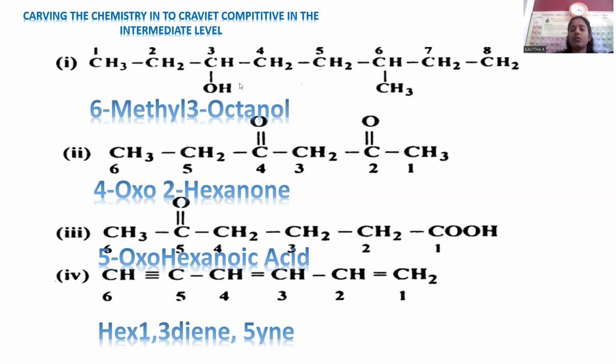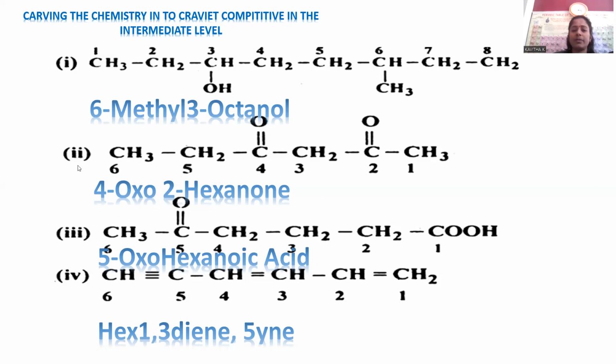On the 3rd carbon, hydroxy is there. For hydroxy compounds, as per IUPAC, alkanol will be taken. With 8 carbons it will be octanol. And this hydroxy is located at the 3rd carbon, so we can say 3-octanol. This is the way we can assign the naming for the given compound. 6-methyl-3-octanol is the complete name of the given organic compound.